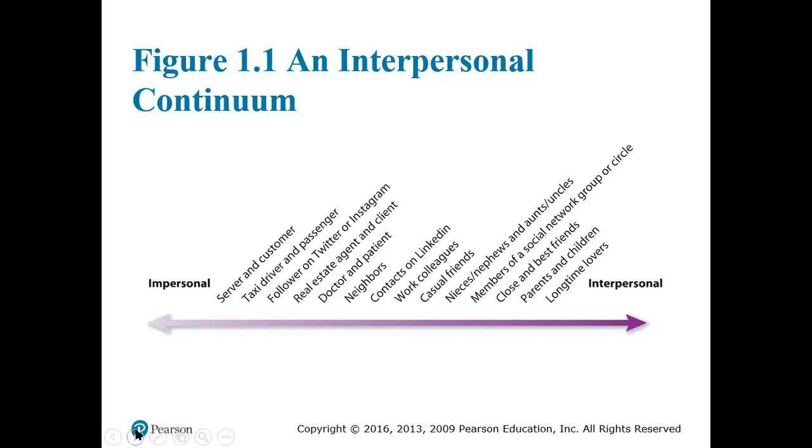As you can see, if you move to the right, you're getting more and more close, and if you move to the left, less and less close. Neighbors, you have a lot of the same conversations you would have as a server and a customer. Casual friends, you're not going to share with them certain things that you're going to share with your close friends. So it all really depends.